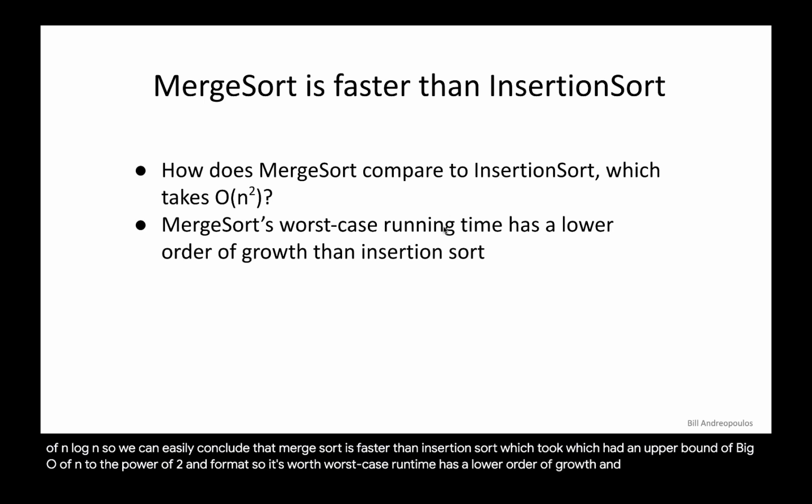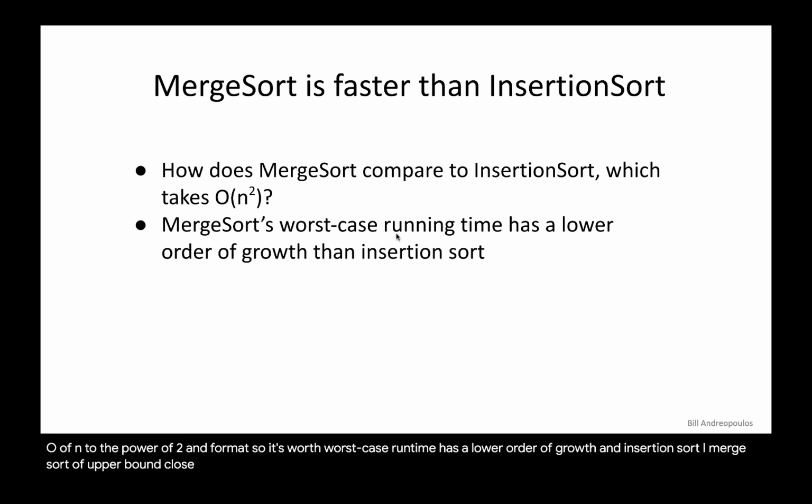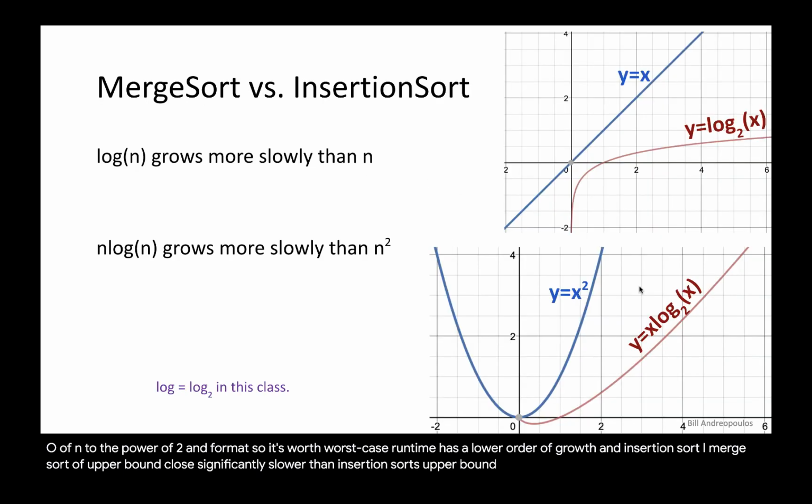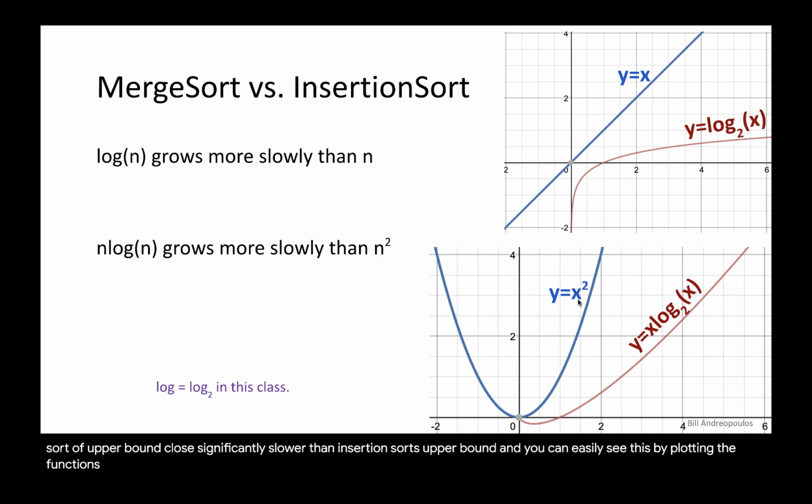Merge sort's upper bound grows significantly slower than insertion sort's upper bound, and you can easily see this by plotting the functions x squared versus x times log base 2 of x, the upper bound of insertion sort versus the upper bound of merge sort.